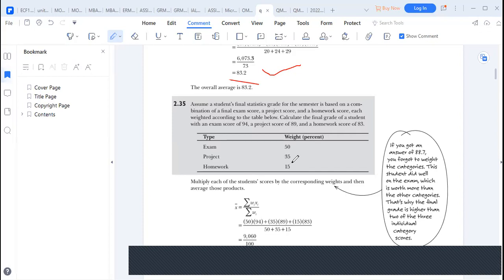So by the weight, you total up here, it's coming to 100. So this one is 0.5, this one 0.35, this one 0.15. And we are told that the scores that this person got were as follows.